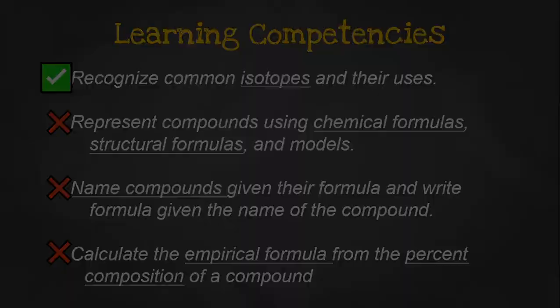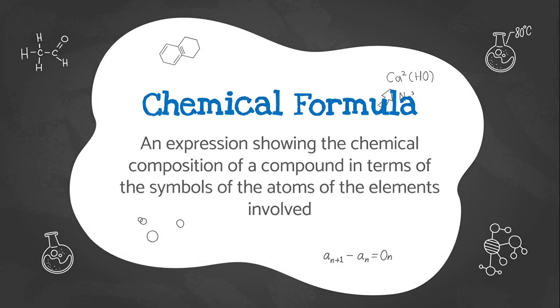So let us first define what chemical formulas are. A chemical formula is an expression showing the chemical composition of a compound in terms of the symbols of the atoms and of the elements involved.